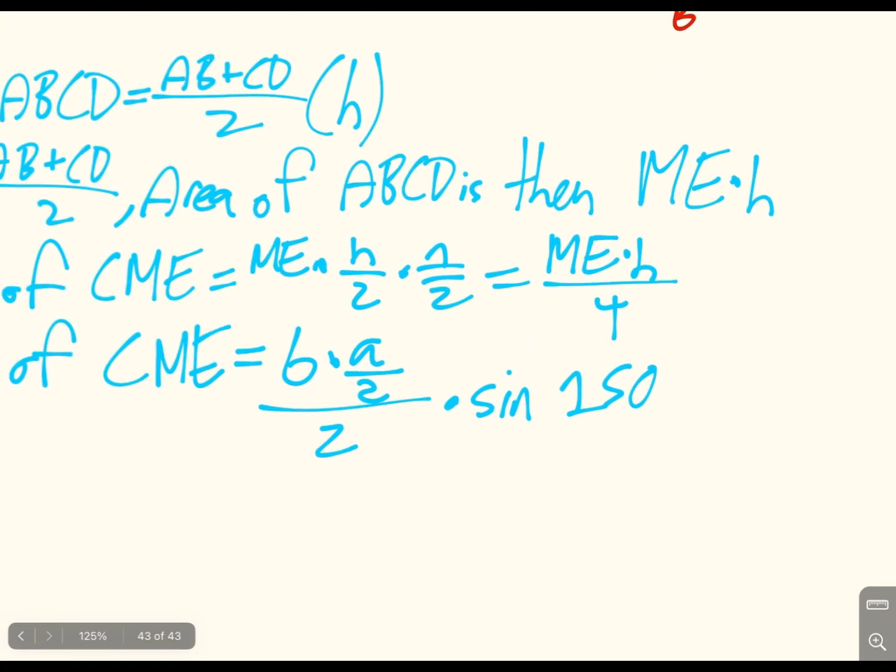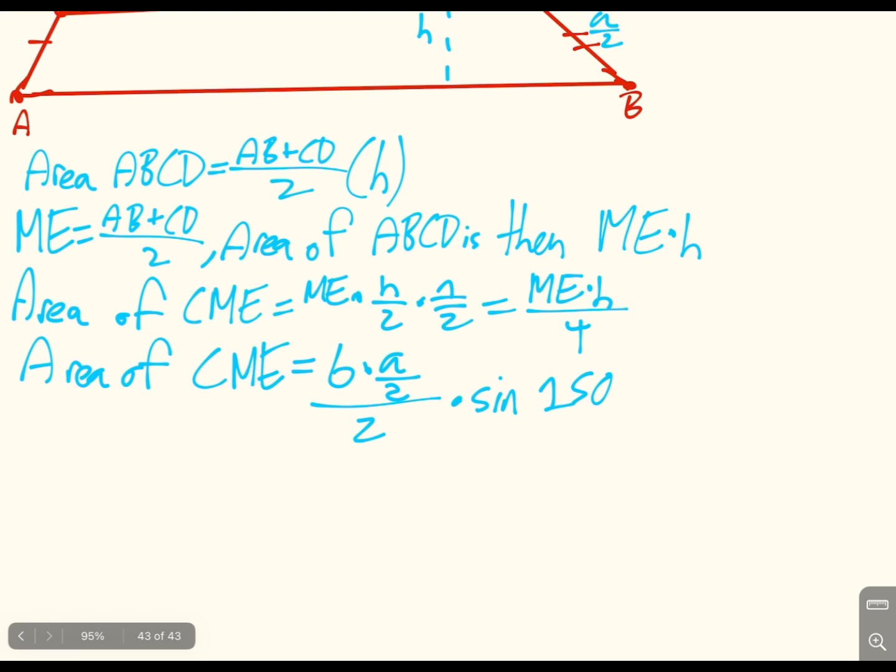And here is the part where you need to know a little bit of trigonometry, which is what screwed me over, because I barely know about trigonometry. The sine of 90 degrees is 1, the sine of 30 degrees is 0.5, and the sine of 150 degrees is also 0.5. It's just one of those things that you need to know and memorize.